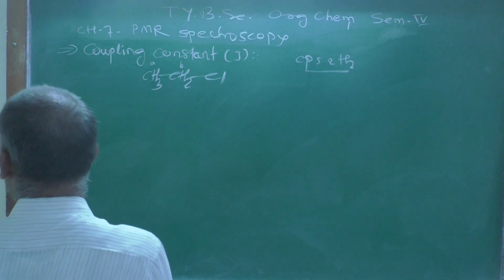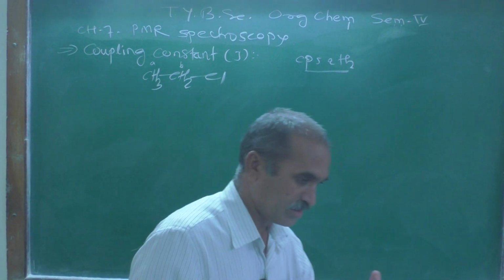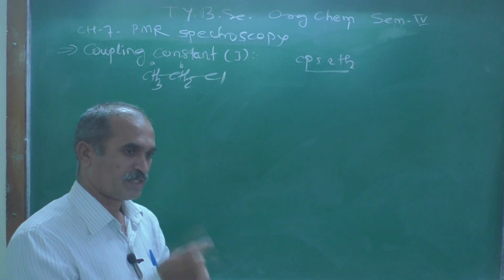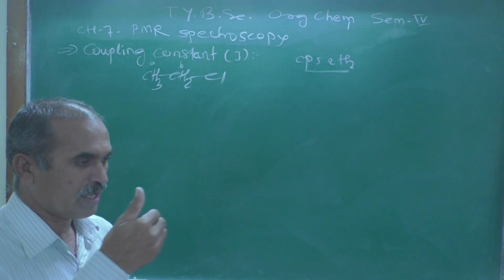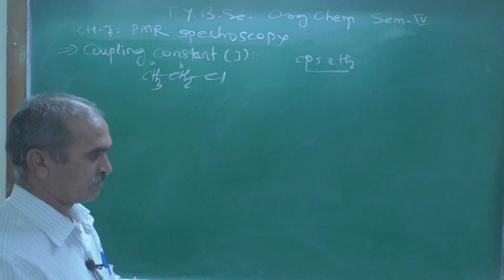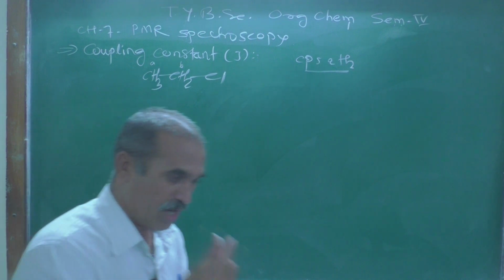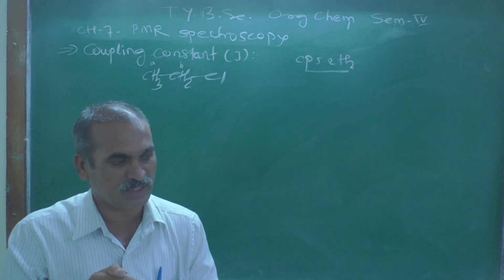One is due to CH3, another due to CH2, two signals. But when the same spectrum is scanned on a high resolution PMR, then splitting will occur. And why does splitting occur? Due to the presence of spin states.